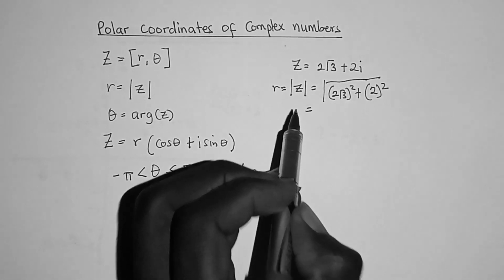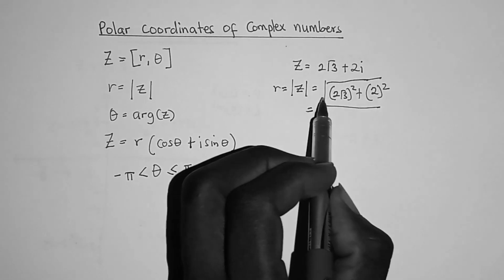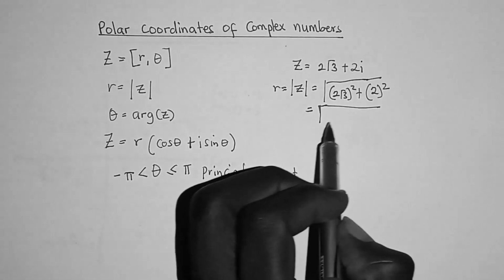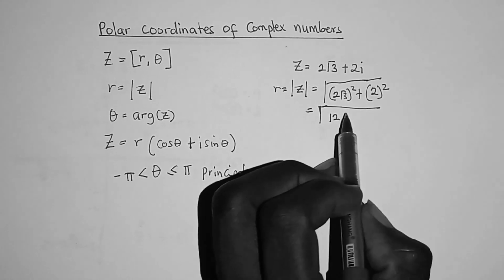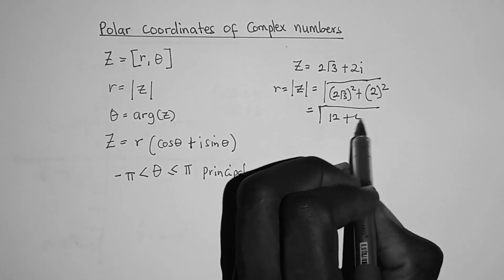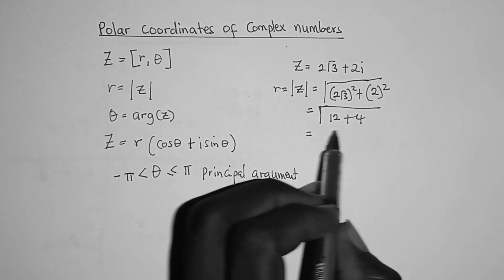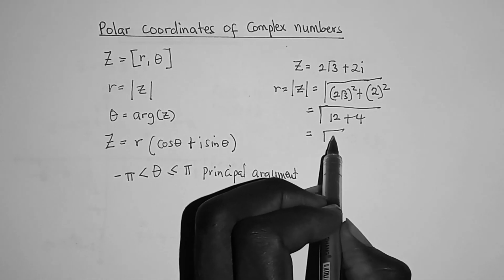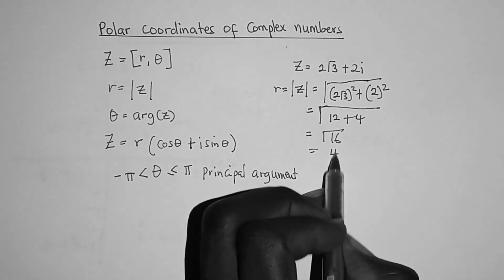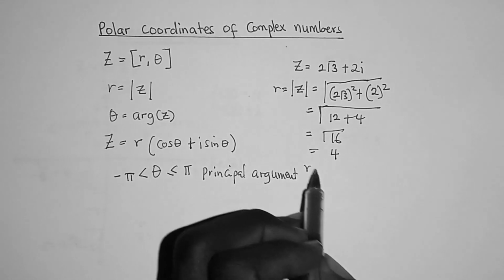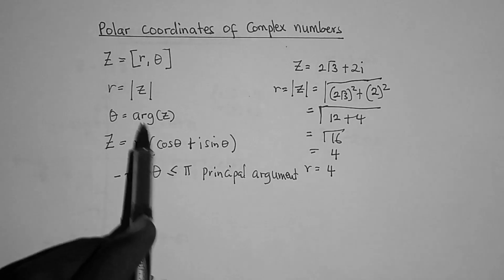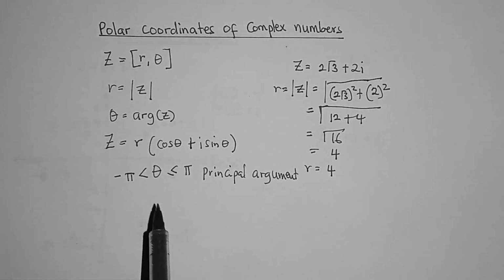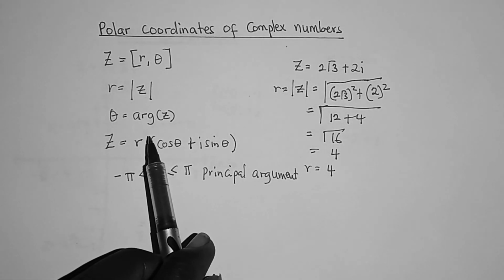So this is equal to the square root of 2 root 3 squared, which is 4 times 3, which is 12, plus 2 squared, which is 4. Root 12 plus 4 is the same as root 16, which is equal to 4. Therefore, r is equal to 4. So we have found r. The next thing is to find theta, which is the argument of z.